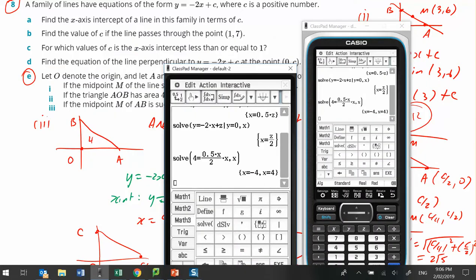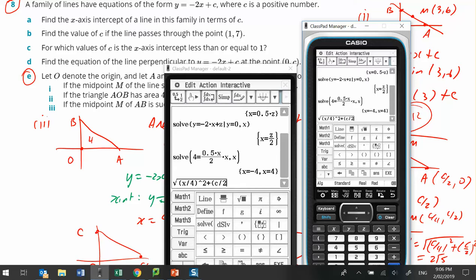So we've got the square root of, I'm just going to use x for convenience, x over 4 squared plus x over 2 squared, and then we're going to let that equal 2 root 5, and I'm going to solve for c, basically.